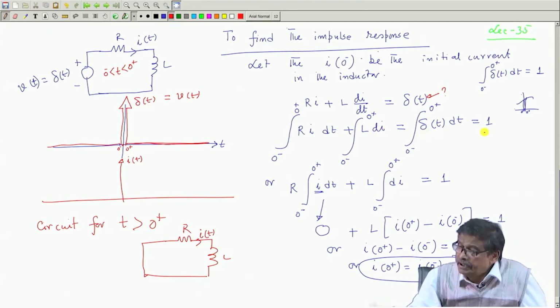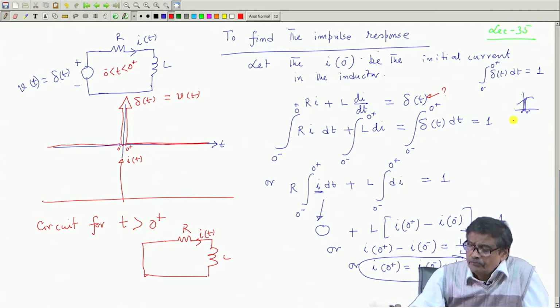Then the right hand side becomes finite, a comfortable situation now, and the left hand side has got two terms. One term is L di; if you integrate, it will be I(0+) minus I(0-) times L.